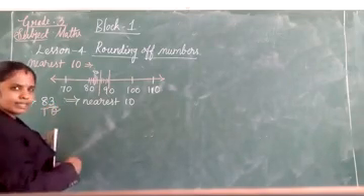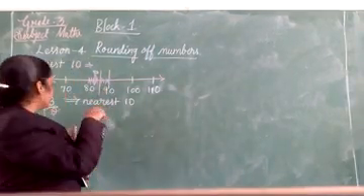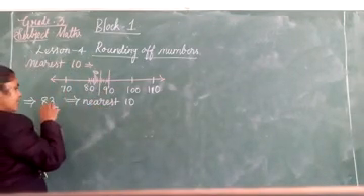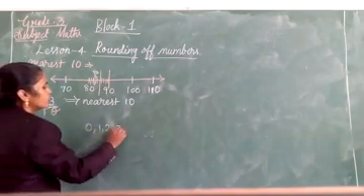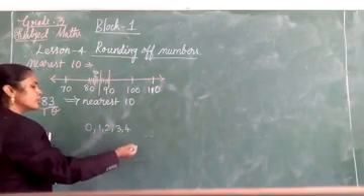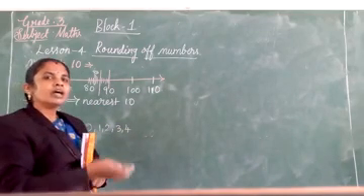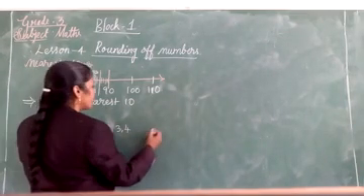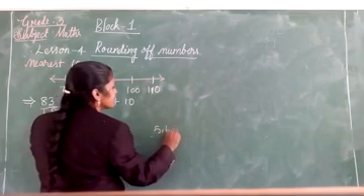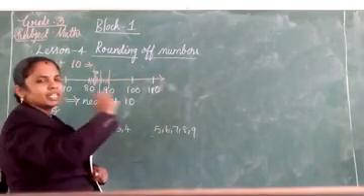The digit is 3. To round off the numbers, if the digit is 0, 1, 2, 3, 4, we should round down the number. If the digit is 5, 6, 7, 8, 9, we should round up the number.